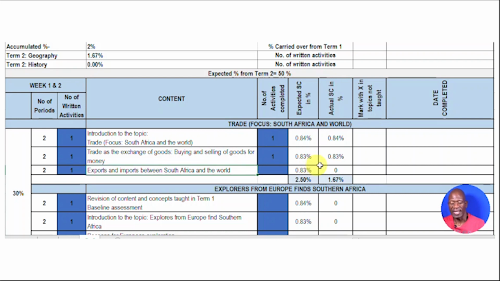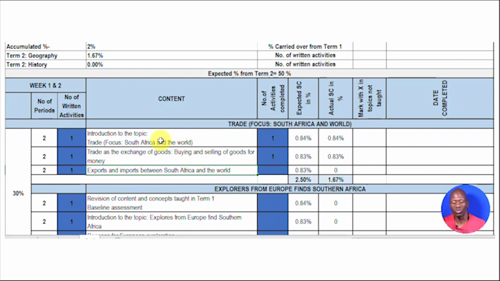Then you see that now I am on 0.83, and it is adding up to the first 2 periods that we had 1 activity. Then as you can see here, out of 2.5, I'm having 1.67 percent based on the number of topics that I've so far covered.